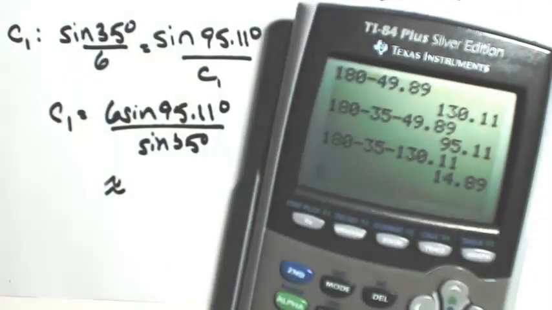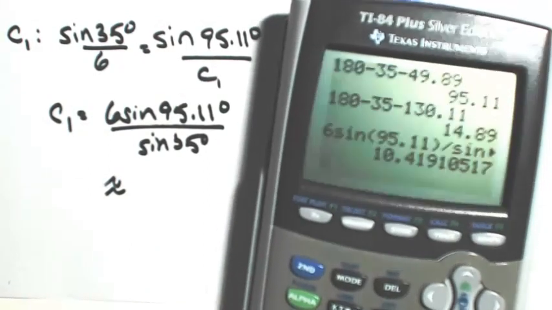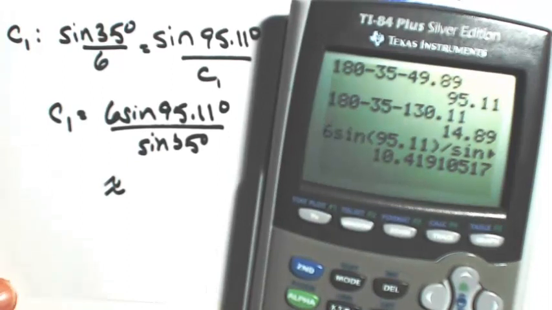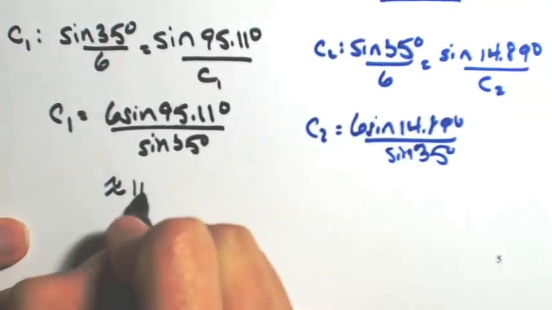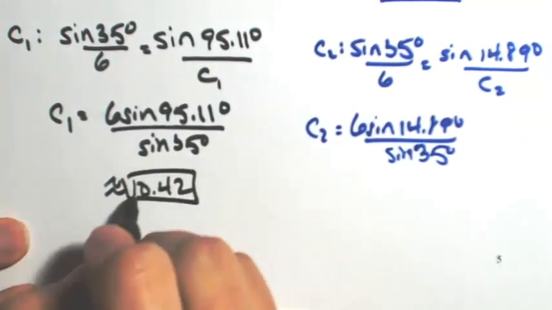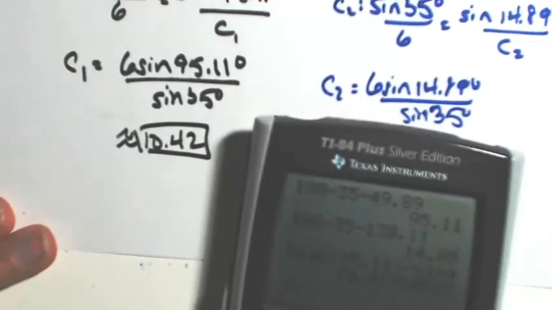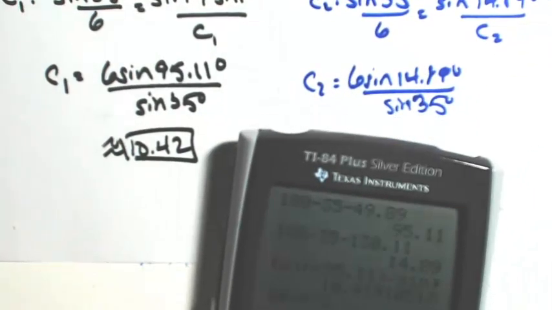Okay, or approximately. For side C1, I would have about 10.42. For side C2, I would have about 2.69.